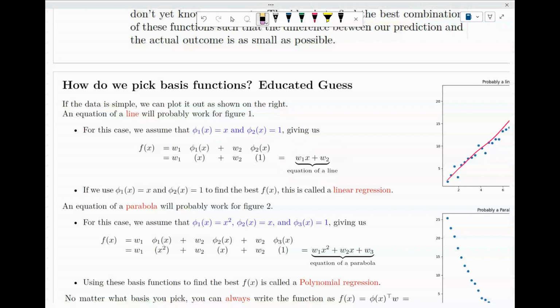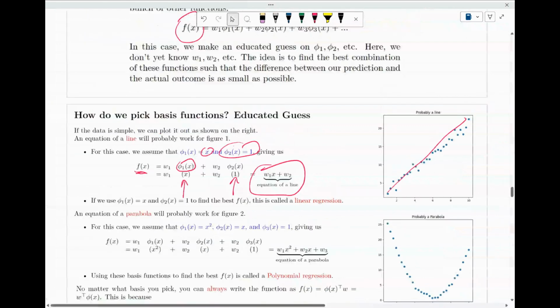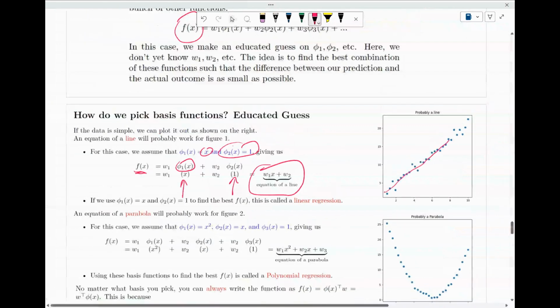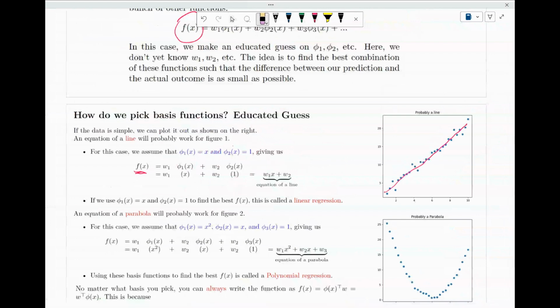So let's take a look. Like I said, the function is a combination of the bases. If the first basis is x, you go here. The second basis is 1, you go here. Then we achieve an equation of a line. By looking at this plot, we can say that's maybe a line, so we can now use this basis.